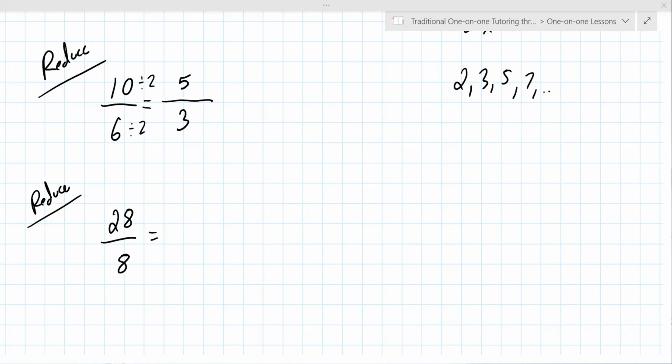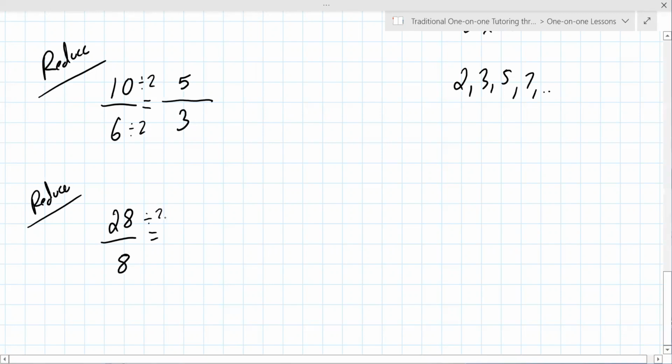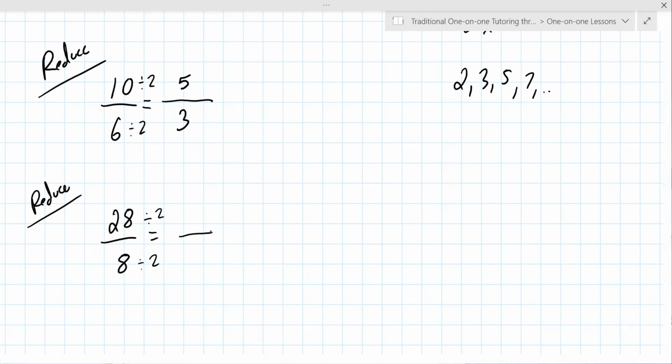What did you want me to do? I want you to reduce this fraction. Just like in the previous problem, find out what goes into each number that's the same in the top and the bottom, and then continue until you think you have the reduced fraction.